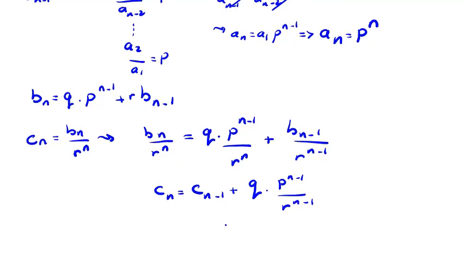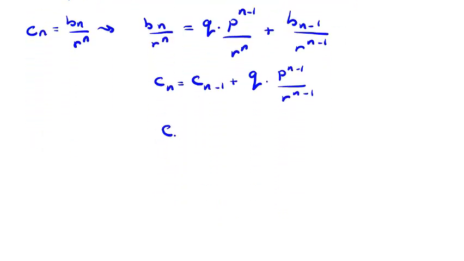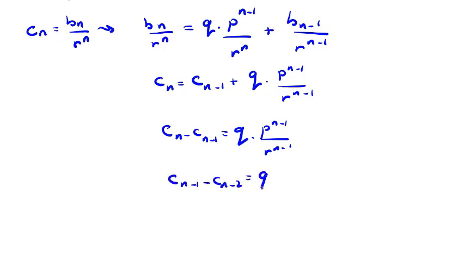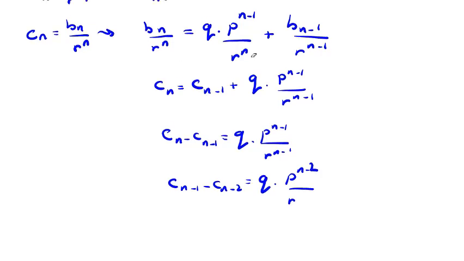Now we can easily use the telescoping rule. So we say c_{n-1} equals q times p^{n-1} over r^{n-1}. c_{n-1} minus c_{n-2} equals q p^{n-1}... Let me check it again. Here we said p^{n-1} r^n.